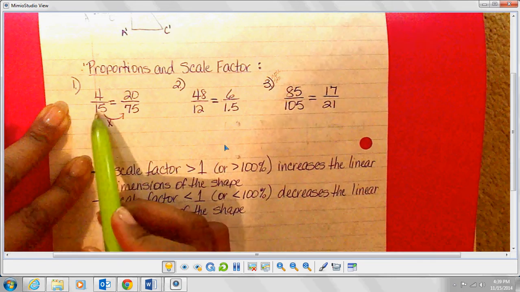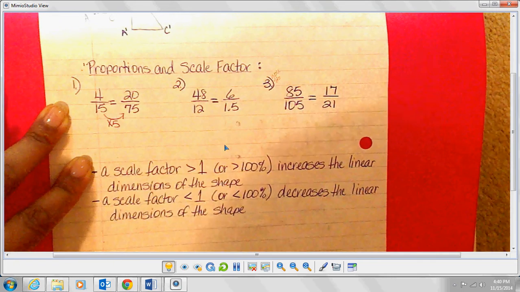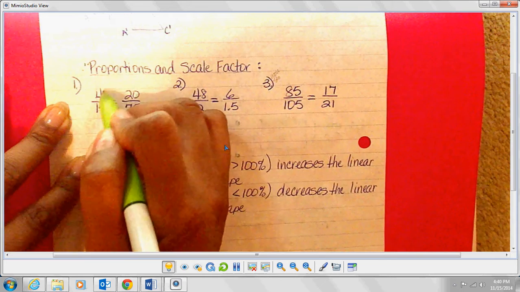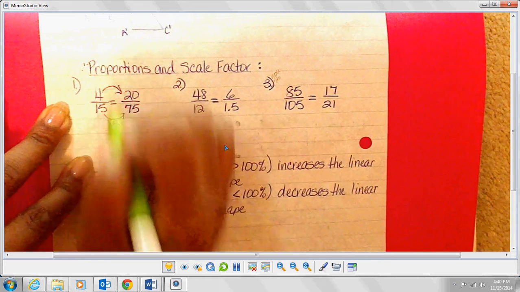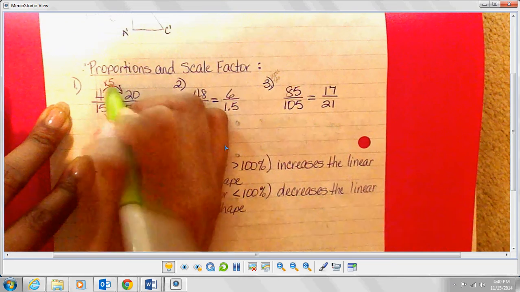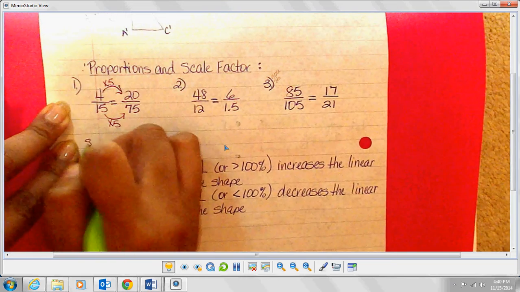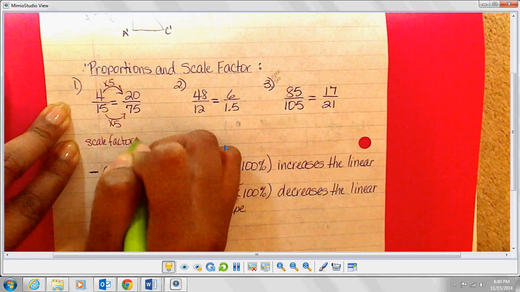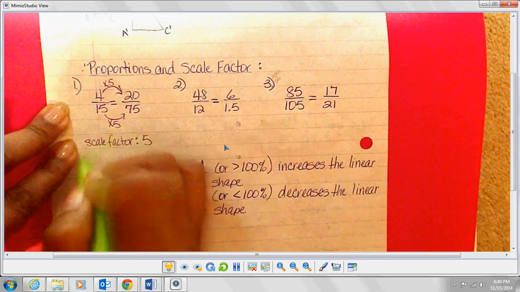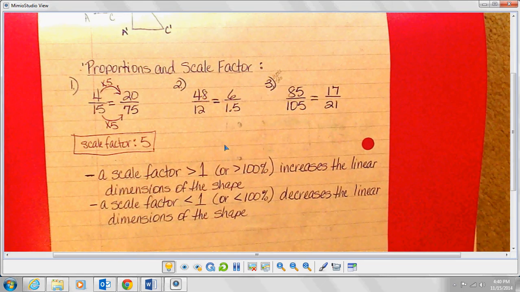Since 15 times 5 is 75, and when I go from 4 to 20, I know that 4 times 5 is 20, then my scale factor is 5. There's your answer. That's all it is to it.